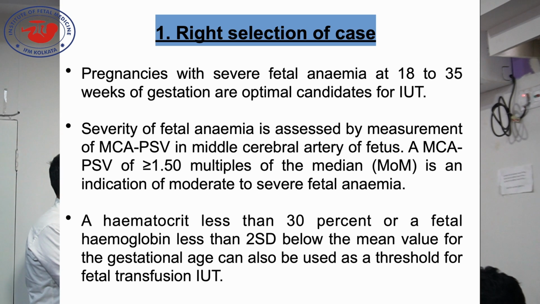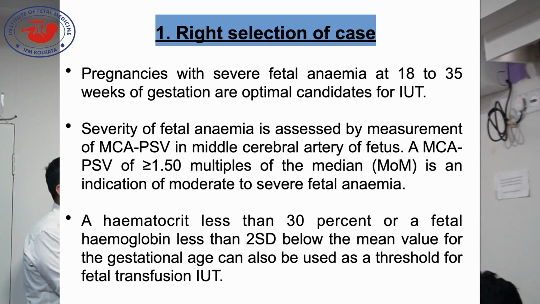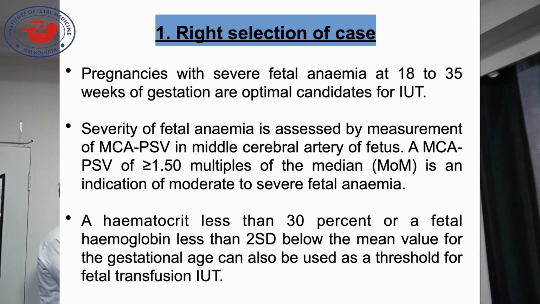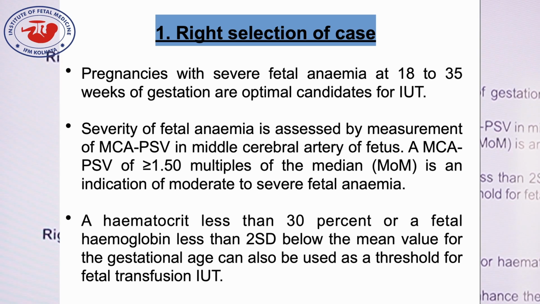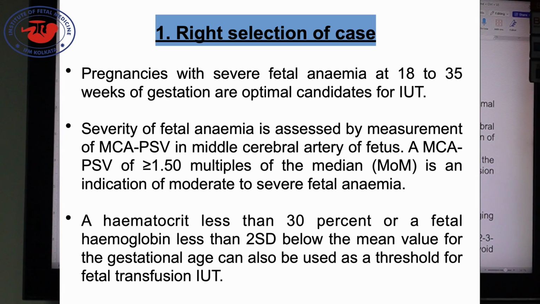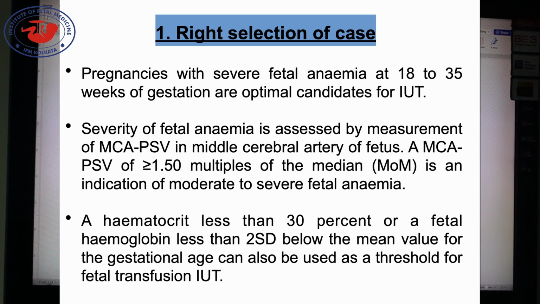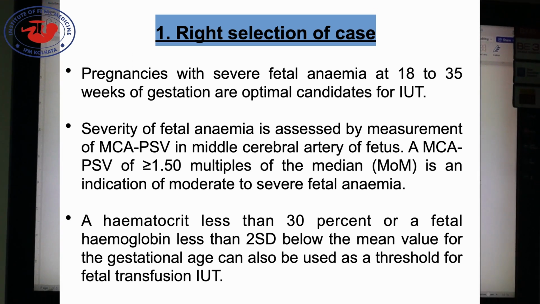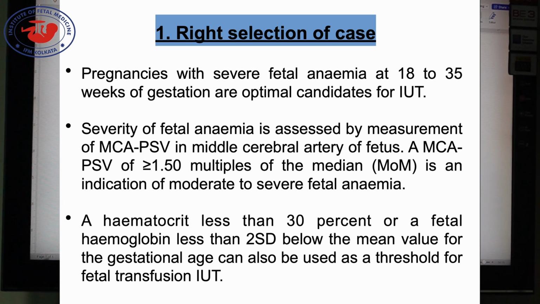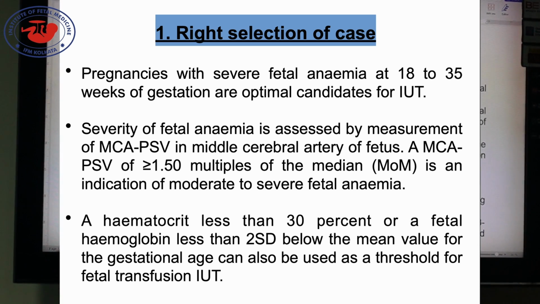Okay. Then hematocrit less than 30% or fetal hemoglobin less than 2 standard deviation below the mean value for the gestational age can also be used as a threshold for fetal transfusion IUT. But this you will only come to know when you stick in the needle. Like when I discuss the steps, I will discuss that step.